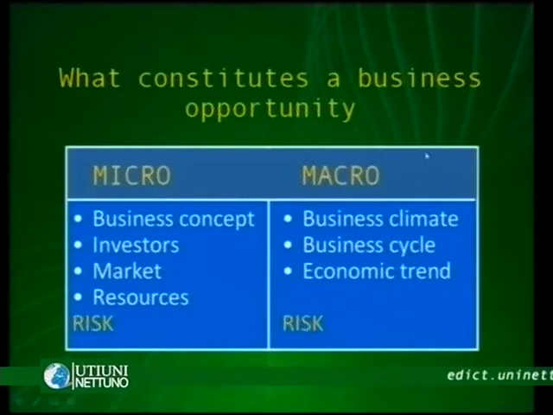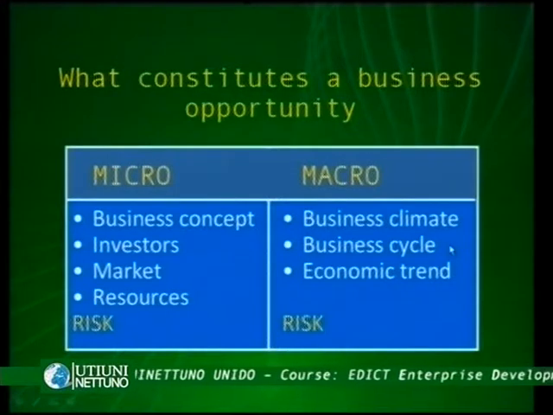When it comes to the macro items, we have the business climate, the business cycle, and the economic trend. So if we start from the latter, the economic trend is the general economic situation which is influencing our business activities.